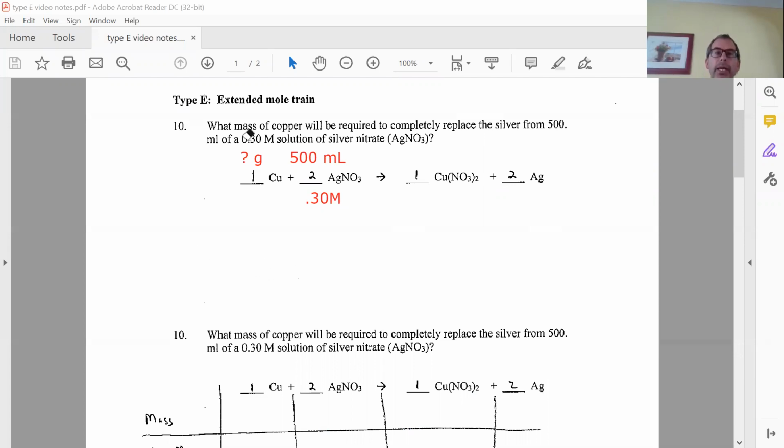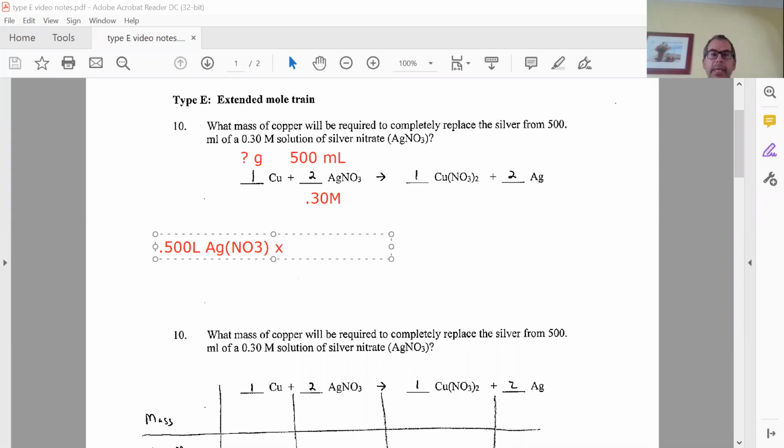So I'm going to write what I know, but I'm going to convert the 500 milliliters to liters, and I'm going to call that 0.500 liters. And I'm going to say what substance it is, because I'm going to be switching trains right here. So I'm going to say 0.500 liters AgNO3.